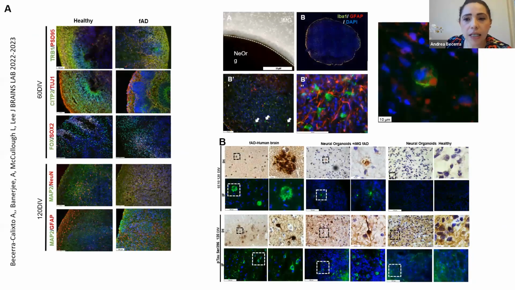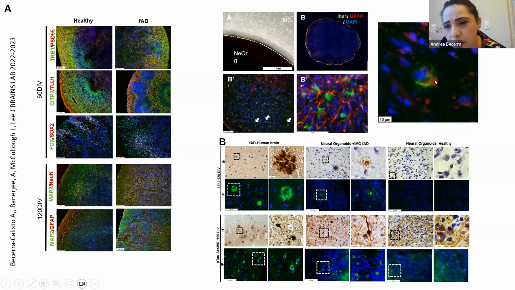Another project, I will show some results about it. We have this characterization, which is stronger. We can see at 60 days how healthy and FAD organoids look, and after 120 days, how a more mature organoid looks. This is how the co-culture with microglia looks, and how the microglia look inside the organoids, and how the microglia are able to phagocytose the A beta amyloid plaques.